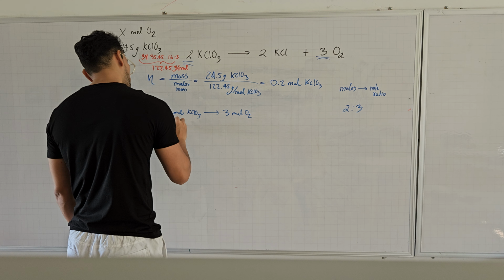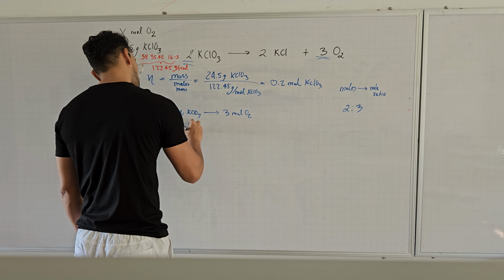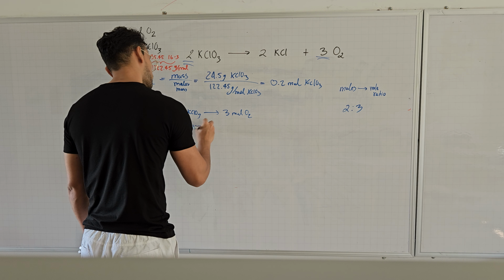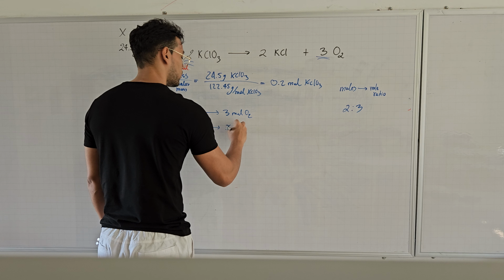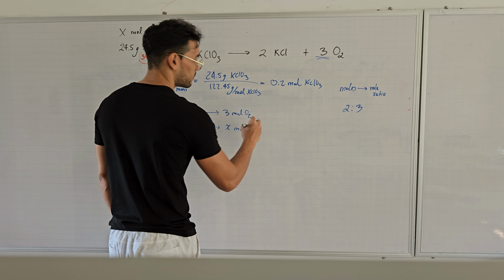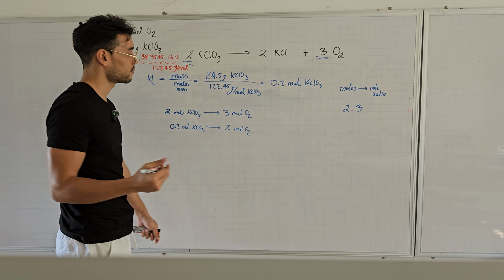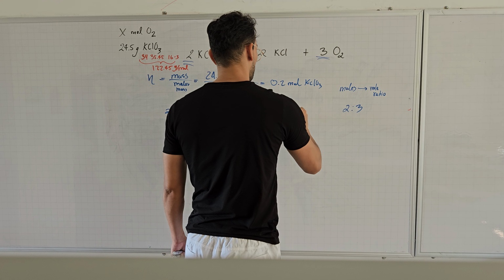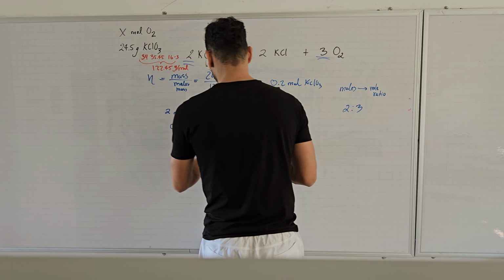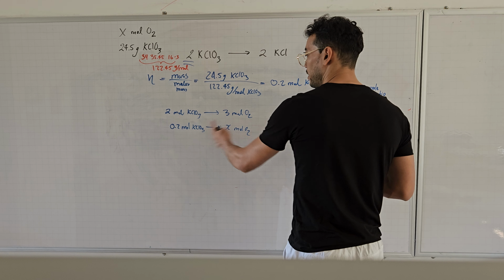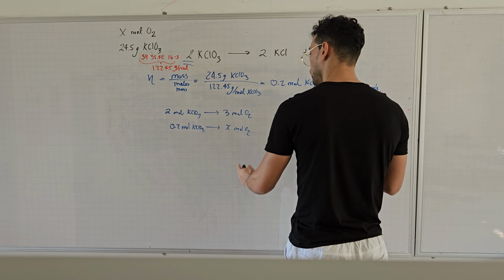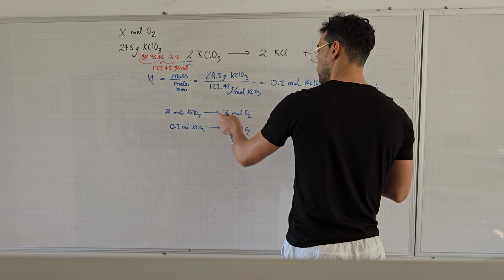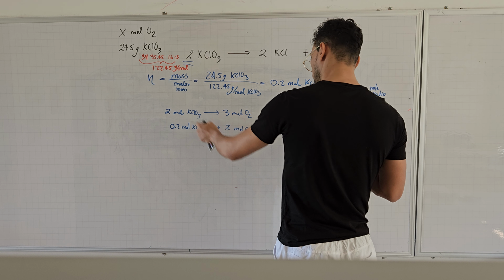So if I have 0.2 moles of potassium chloride, how many moles of oxygen will I have?